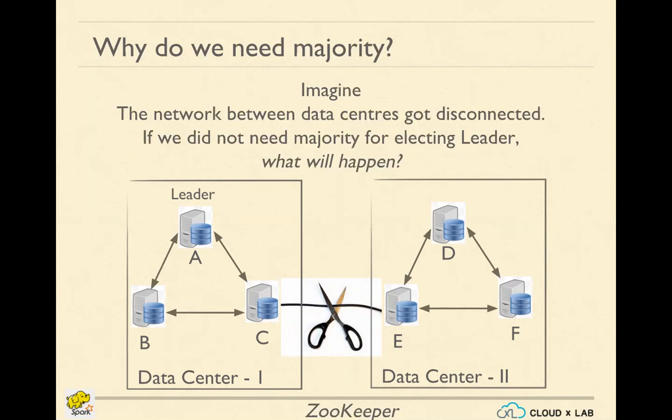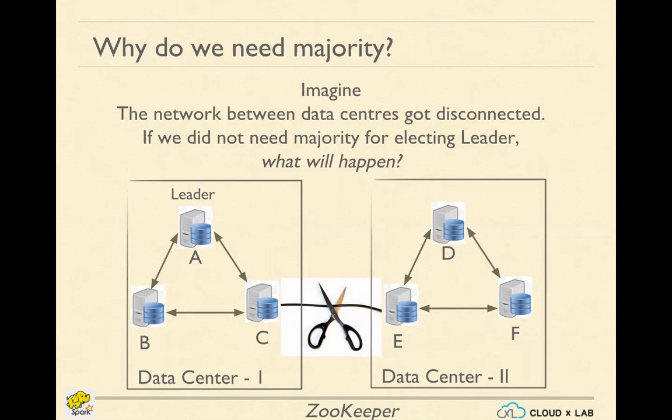Now imagine there was no restriction on election, meaning the majority was not required.